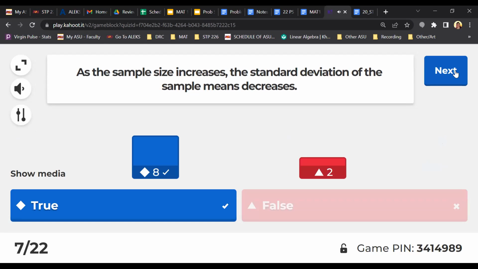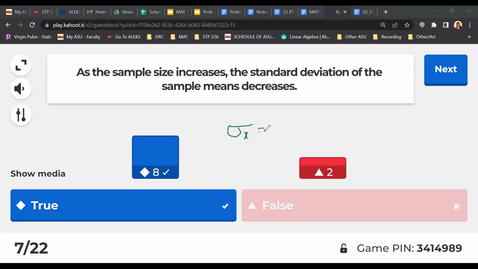Pretty good, pretty good. So right, remember that our formula for the standard deviation of the sample means is the standard deviation of the population divided by the square root of the sample size.